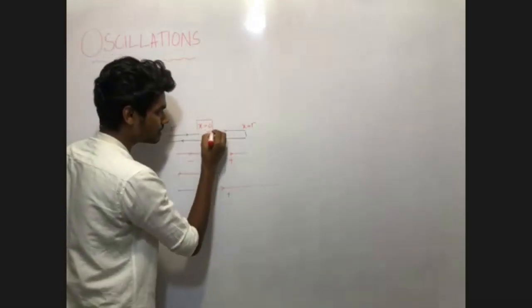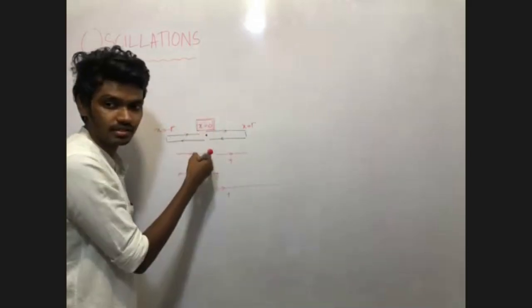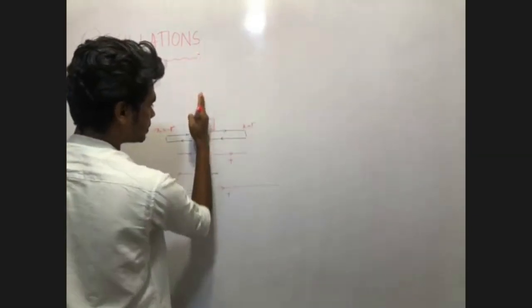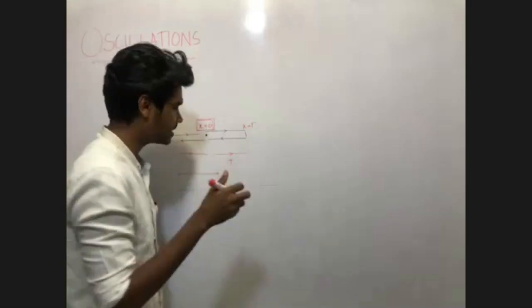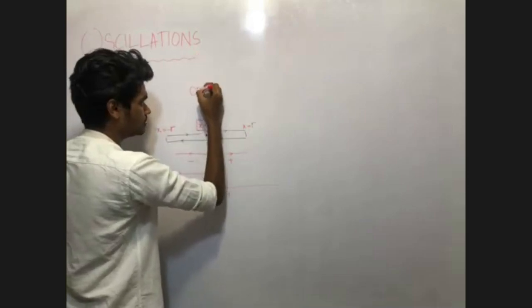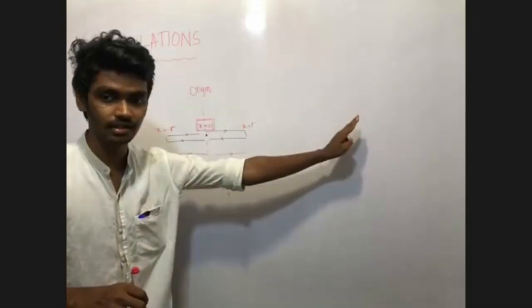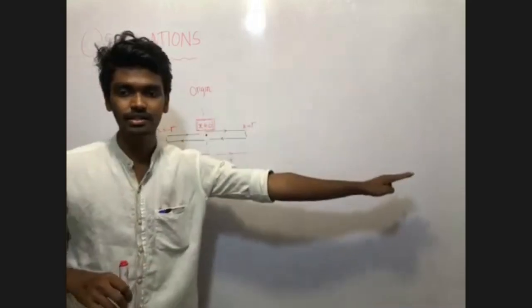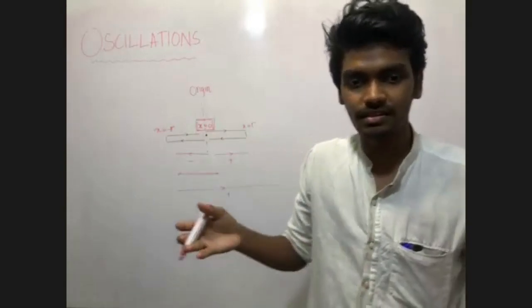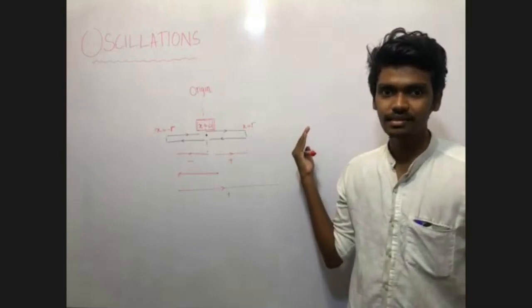This is the origin. We consider the center point, the point of symmetry of the motion, as the origin. We will learn these things in detail in a while. Mark this as origin. From the origin, the right side is usually considered plus, by sign convention.